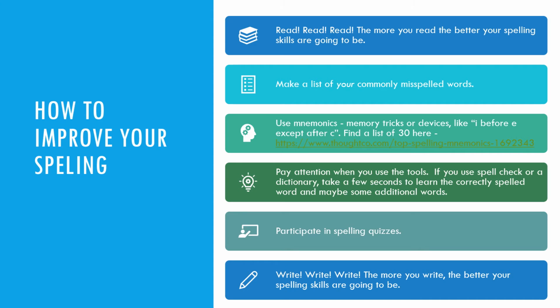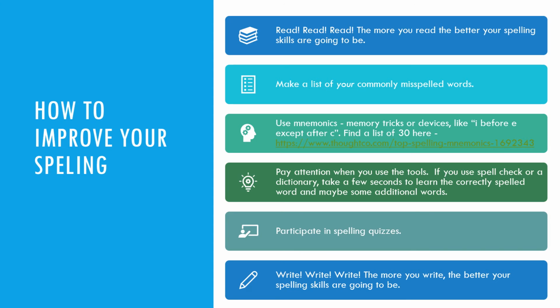You can also use something like mnemonics. These are memory tricks or devices like that I before E except after C rule. Now there is a website here to find a list of 30 mnemonics that will help you with your spelling. It may be tough to see it through the video here, but I will put it in our additional resources section so you can check that out if you'd like.